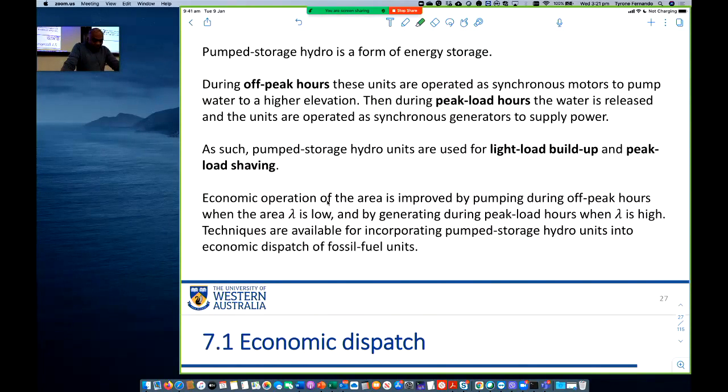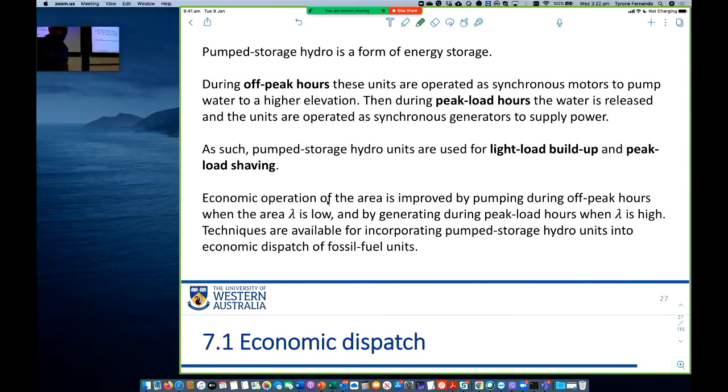So economic operation of the area is improved by pumping during off-peak hours when the area lambda is low, because lambda is the incremental cost of generating electricity per unit of power, right?